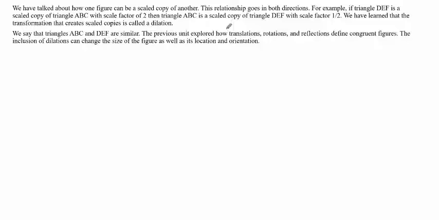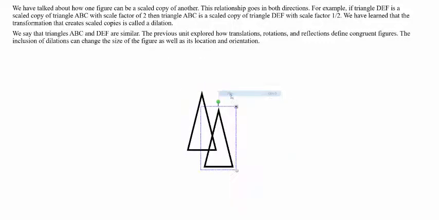And when we have a shape that is a scaled copy of another, like this example we were talking about, if we have this triangle here, and we have a scaled copy of that triangle, maybe 1/2, so this triangle here, from here to here, is getting smaller, so the scale factor is less than 1.